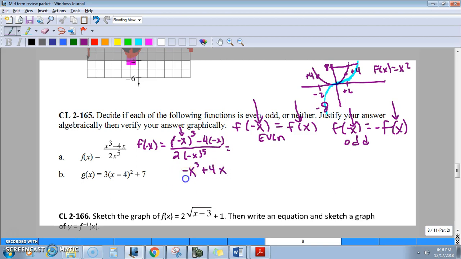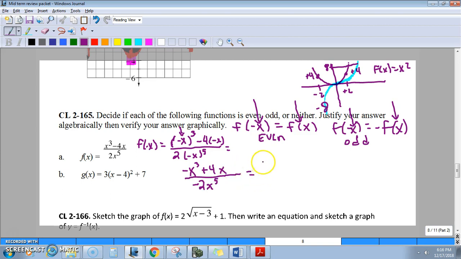Okay? And then over 2 times negative x to the 5th power, but I can bring that negative out and call that negative 2 times x to the 5th power.